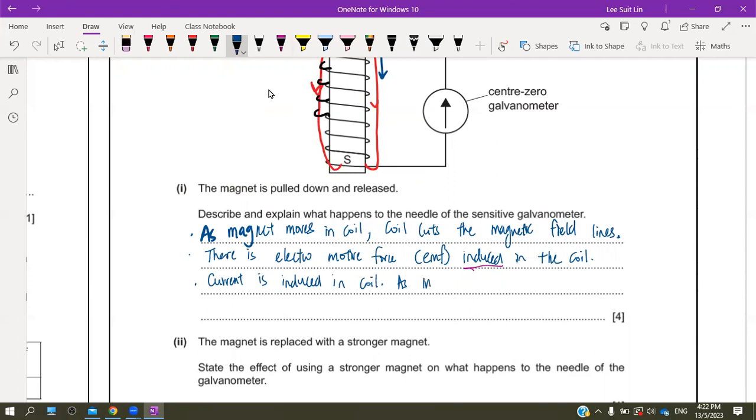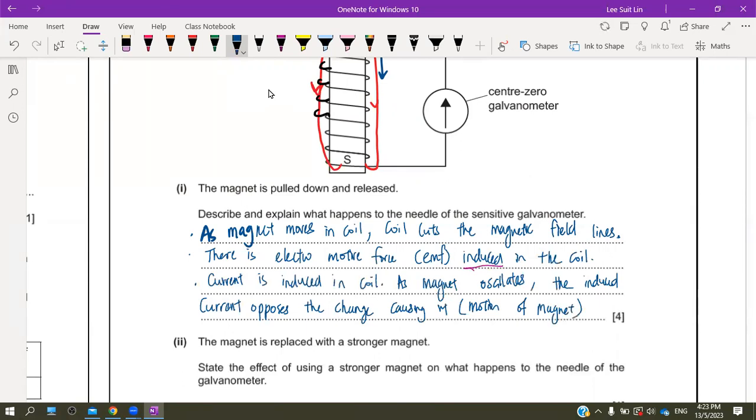So as the magnet oscillates, the induced current opposes the change causing it, which is the motion of the magnet.